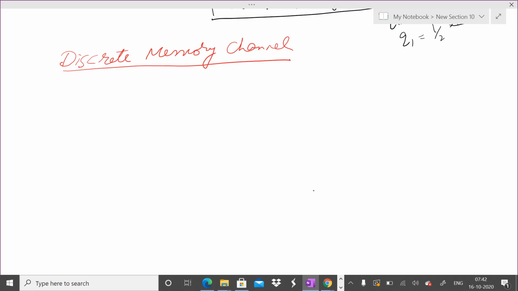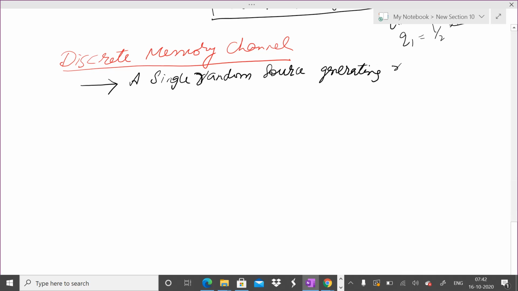Till entropy we were worried about a single random source, which was generating random symbols. So we were mostly concerned about random generation.